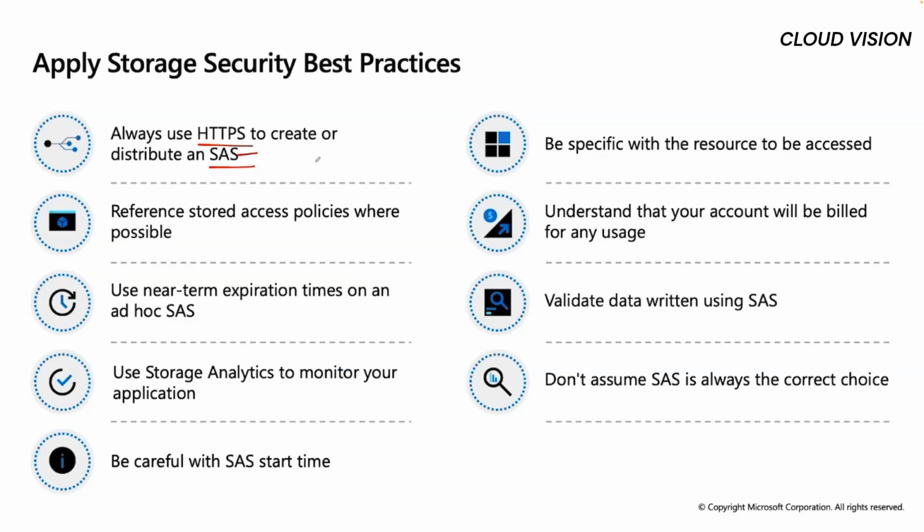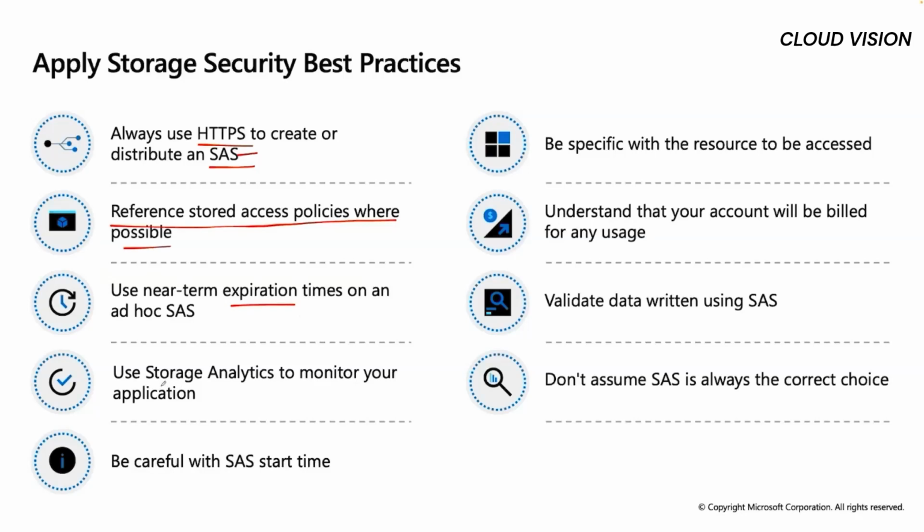But let's assume you still want to keep it secure using a SAS key to give the access, but these images or documents are public domain, then you don't need to keep rotating it. Reference stored access policy where possible. Policies will handle all your restrictions and requirements. Use near-term expiration time on an ad hoc SAS.